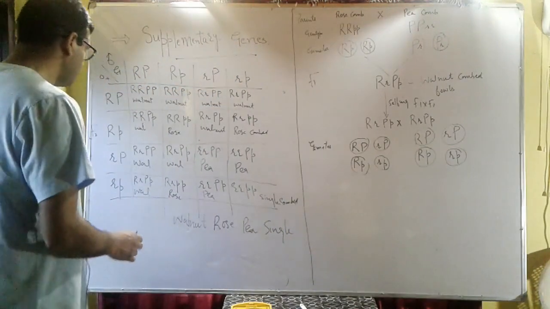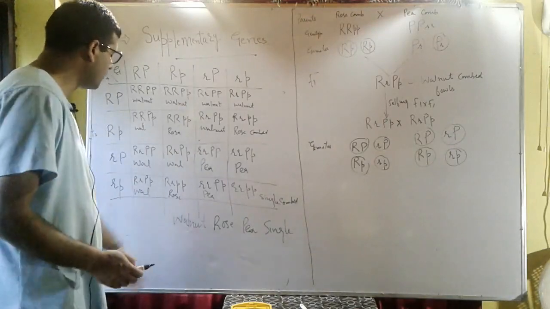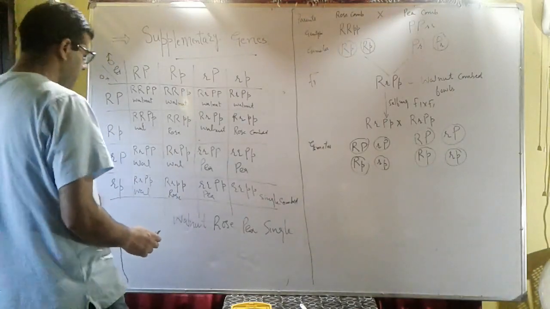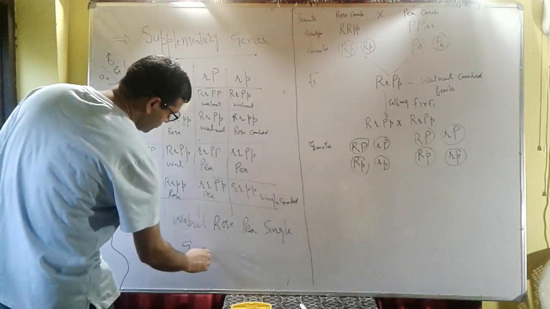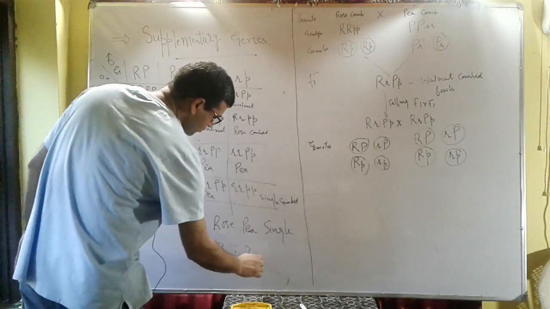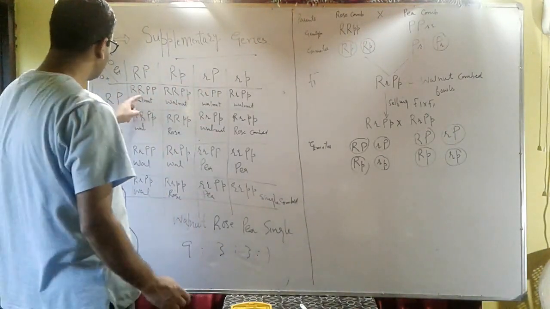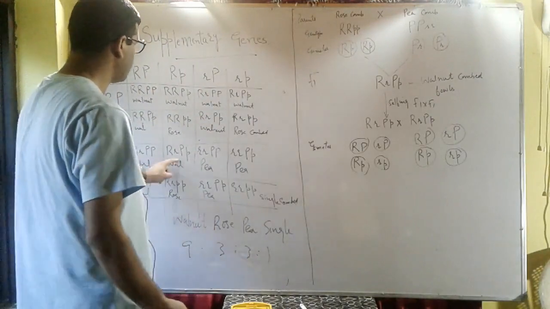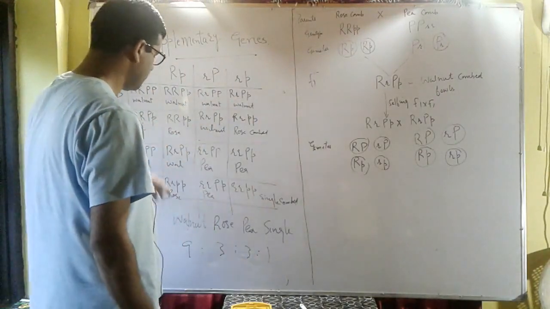That means the ratio is 9:3:3:1. So 9 walnut, 1 2 3 4 5 6 7 8 9, 9 walnut.